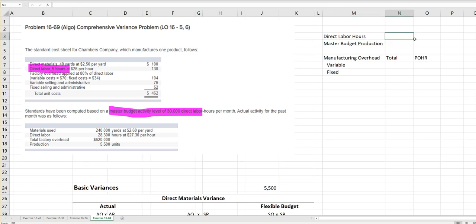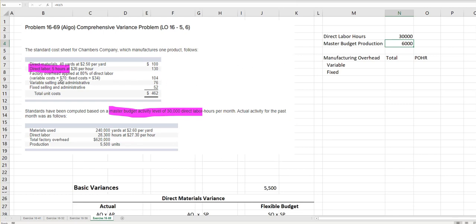So we've got a budget of 30,000 direct labor hours, our master budget, and we apply overhead at 5 hours per unit. So that means our master budget was based on 30,000 divided by 5, 6,000 units of production.